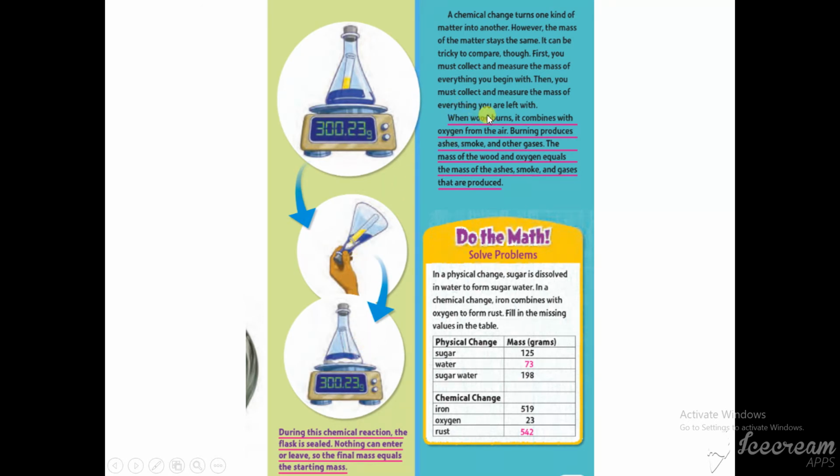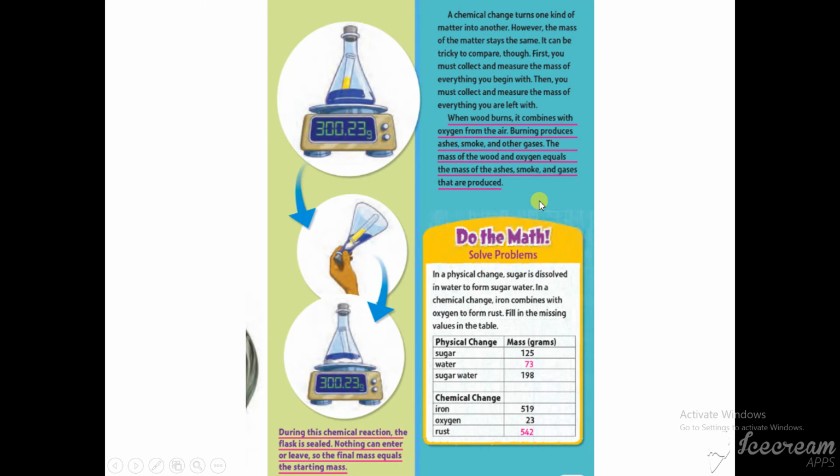Now highlight this. When wood burns, it combines with oxygen from the air. When you are burning wood, it combines with the oxygen present in air, and burning will produce ashes, smoke, and other gases. The mass of the wood and oxygen equals the mass of the ashes, smoke, and gases that are produced.